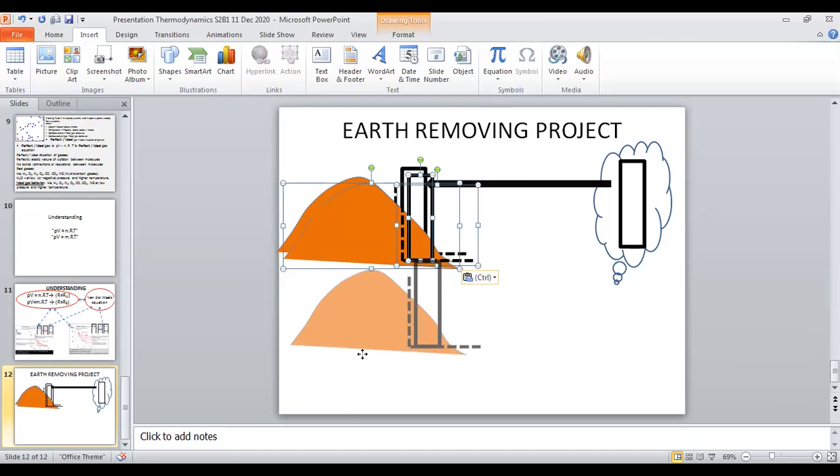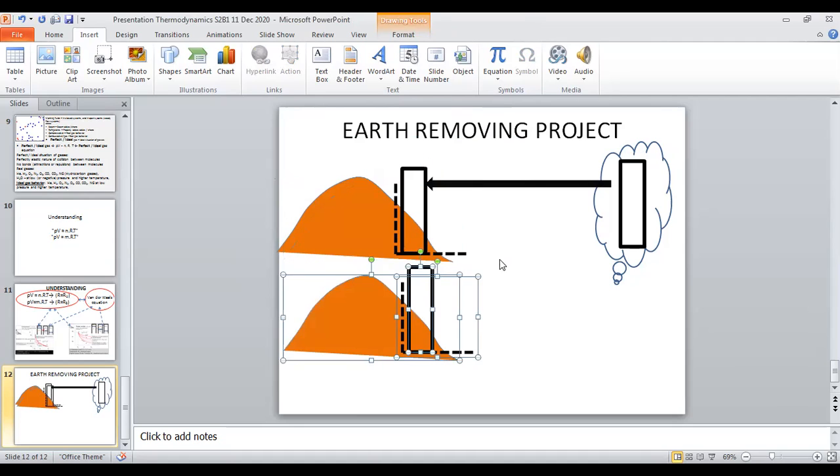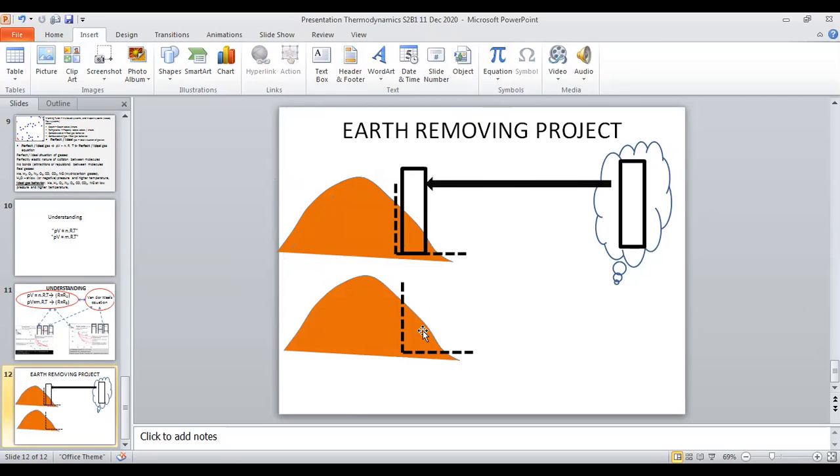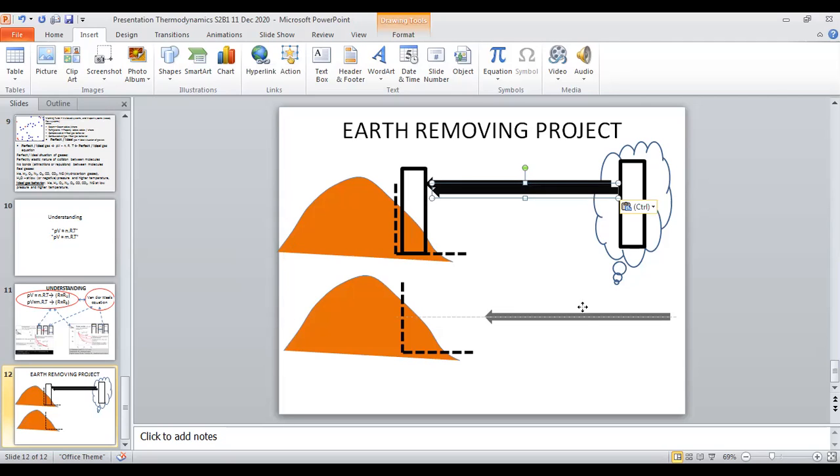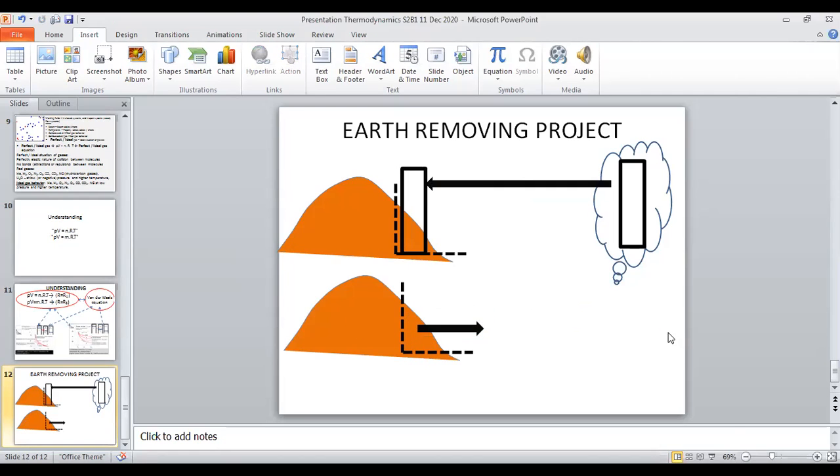So this is your project. Remove this part out.